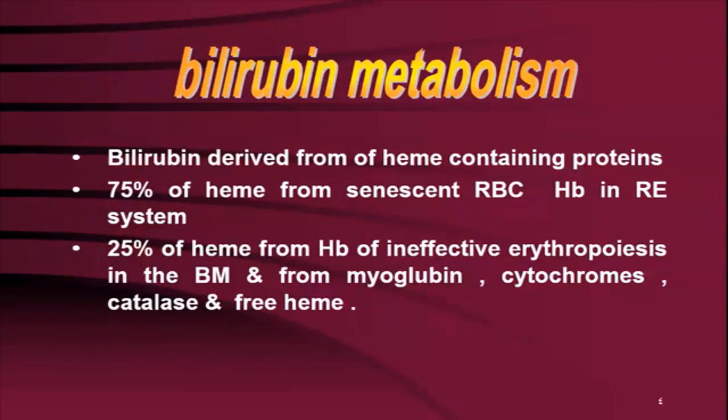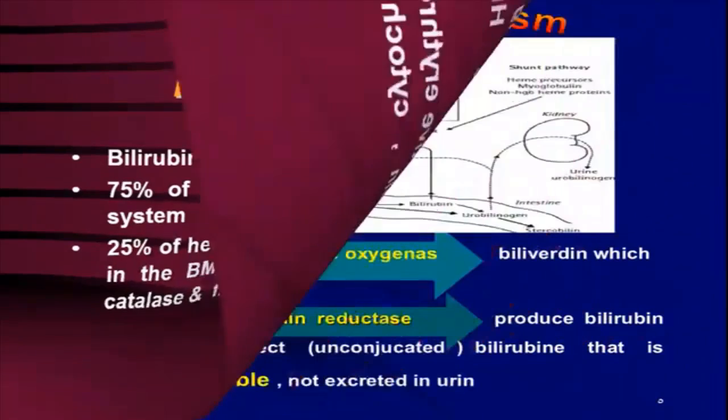Bilirubin metabolism. Bilirubin is derived from heme, and 75% of heme is from senescent RBCs in the reticuloendothelial system, and 25% of heme is from hemoglobin of ineffective erythropoiesis in the bone marrow, and from myoglobin, cytochrome, and so on.